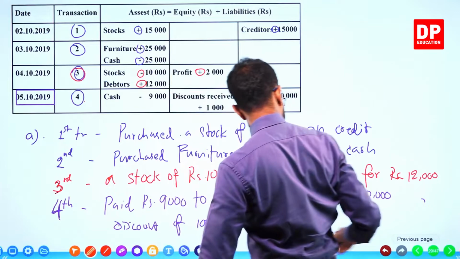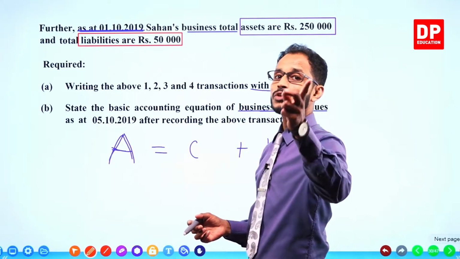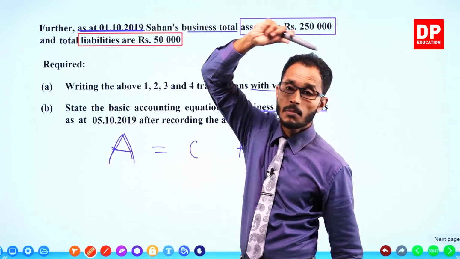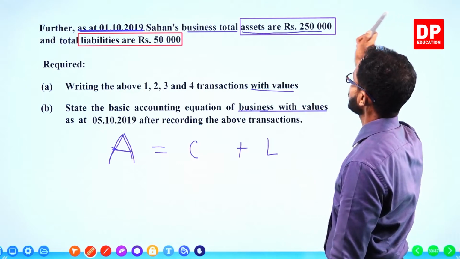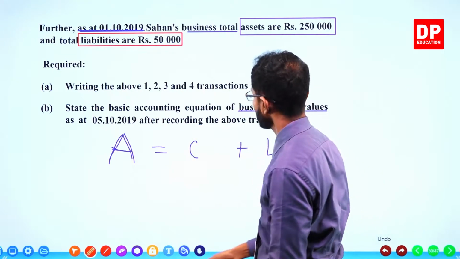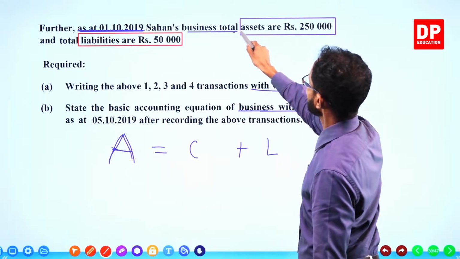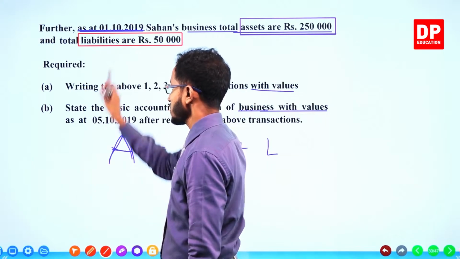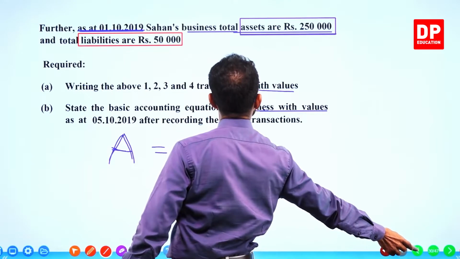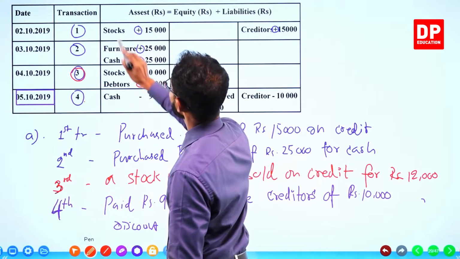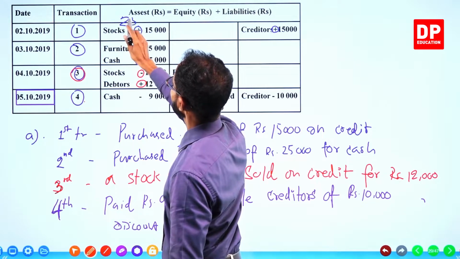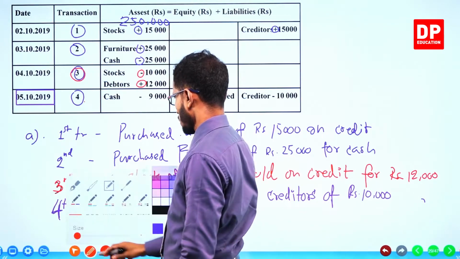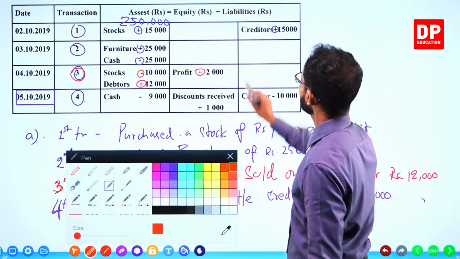First of all, mention the opening balances on top of assets, 1st of October. Total assets 250,000. Mention it on top of the assets. Liabilities, 50,000.